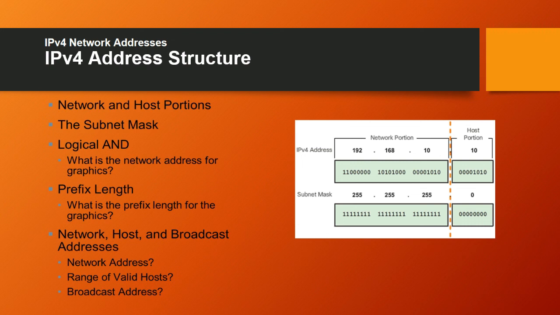Network, host, and broadcast addresses. So let us figure out where they are: where the network address is, the range of valid hosts, and the broadcast address. As I understand, the network address would be 192.168.10.0. The range of valid hosts is from 10, and the subnet mask is 0.